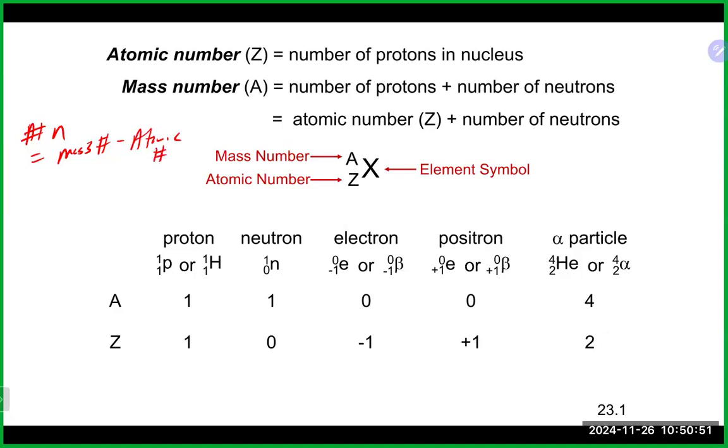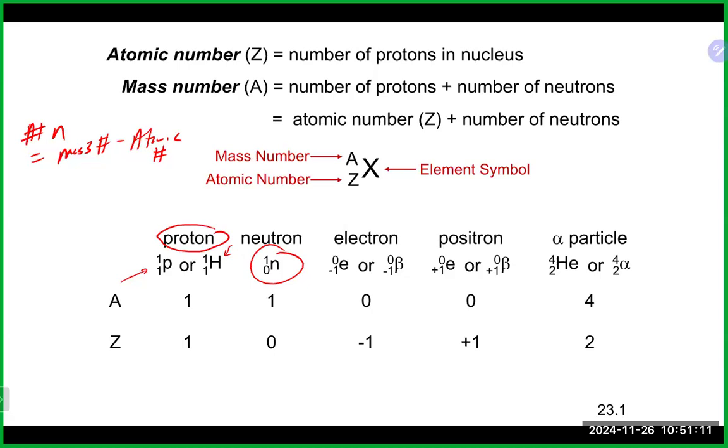Here are some other commonly used symbols. A proton is sometimes abbreviated with a P, a 1, and a 1. Hydrogen is also used as a symbol for a proton. And a neutron is very commonly written as 1 over 0, with an N.